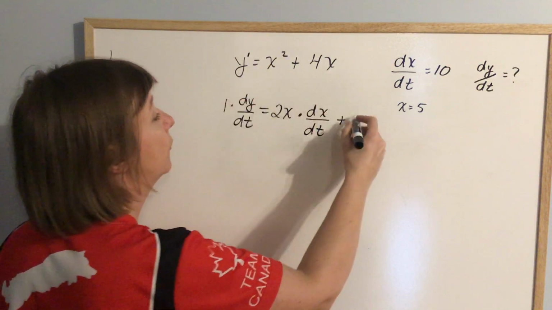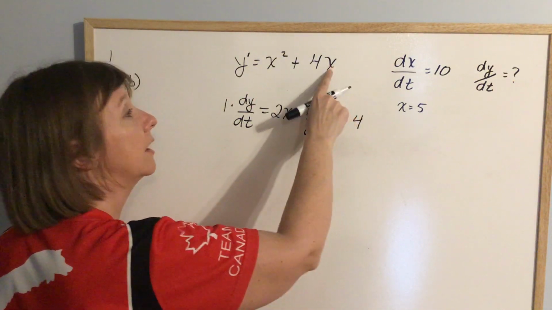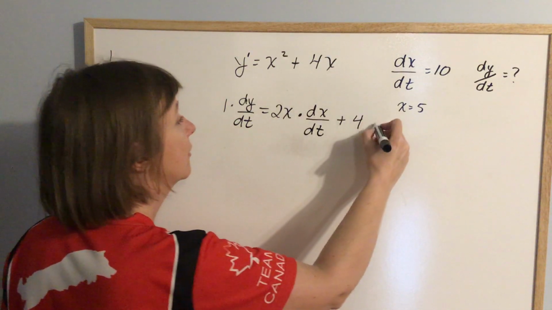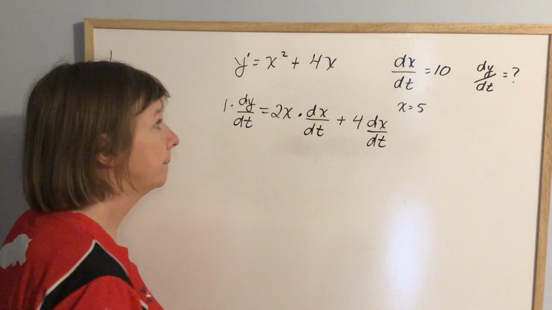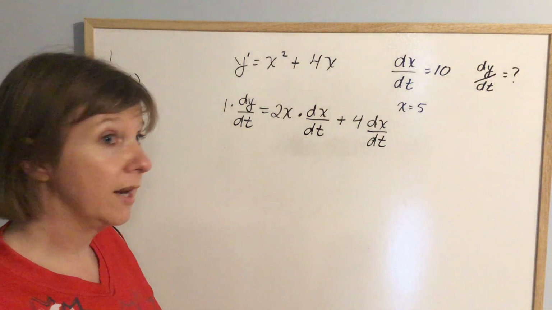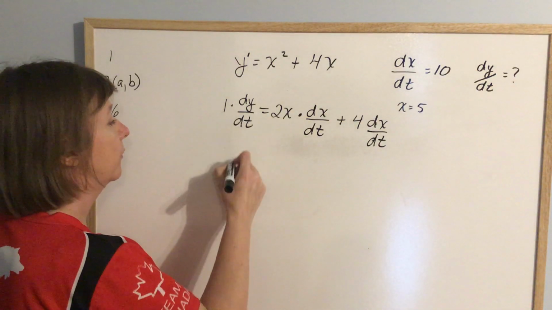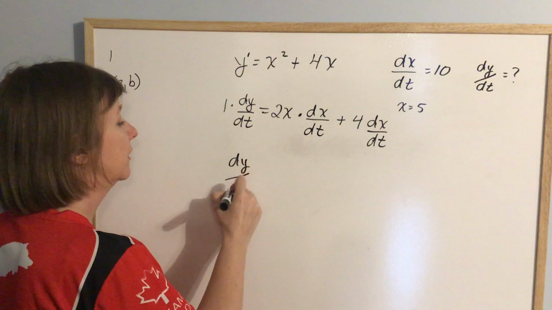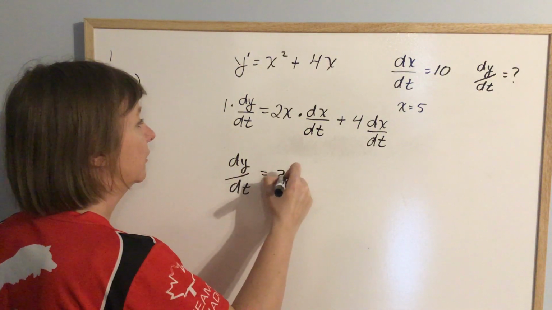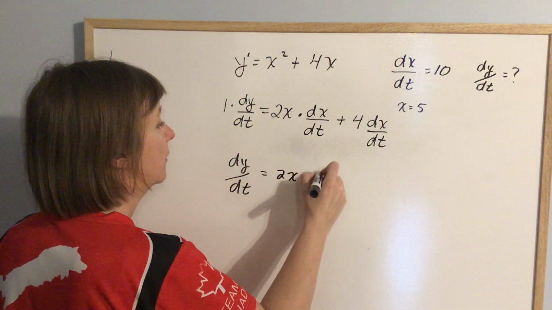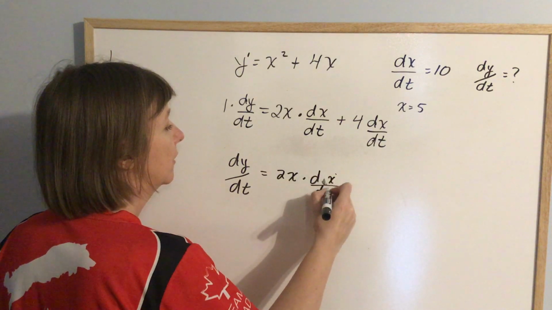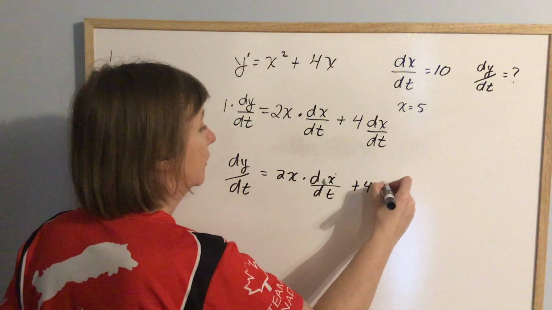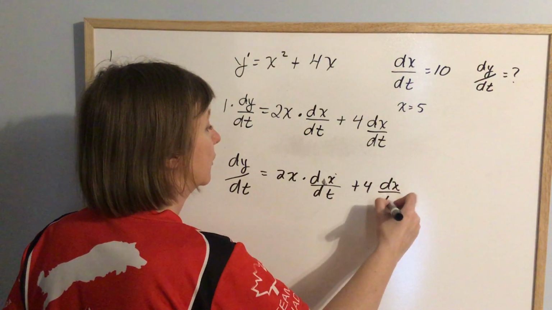So the derivative of 4x would be 4, but again, I took that derivative of x with respect to time. So now what I have is dy over dt is equal to 2x times dx over dt, plus 4 times dx over dt.